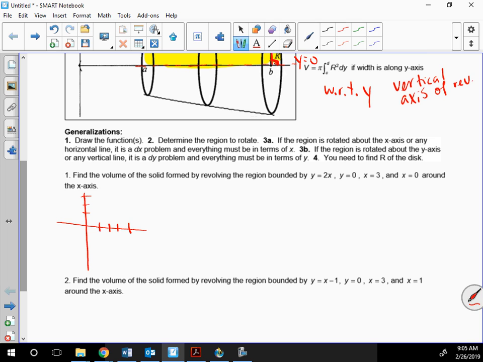So that's going to intersect at 0, 0. We're going from 0 to 3. Maybe I should have made mine a little taller. That's all right.